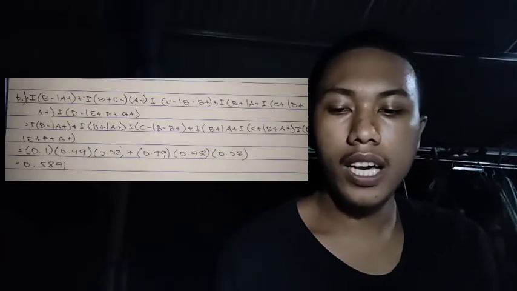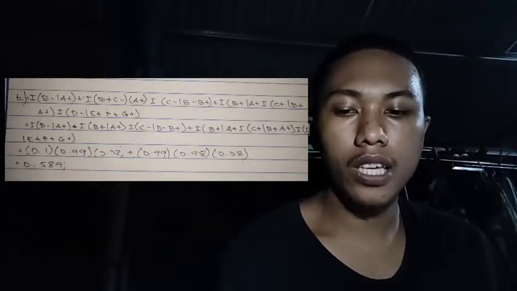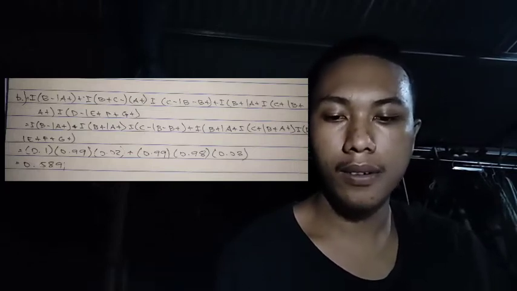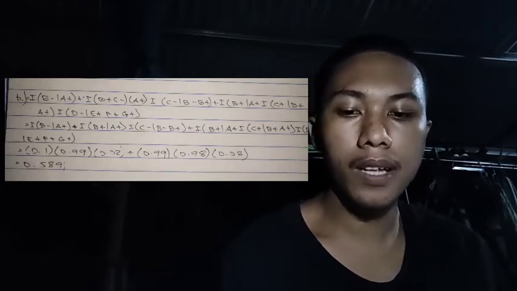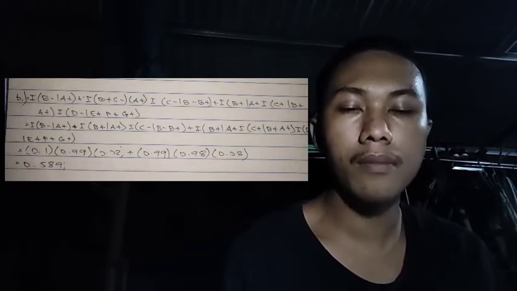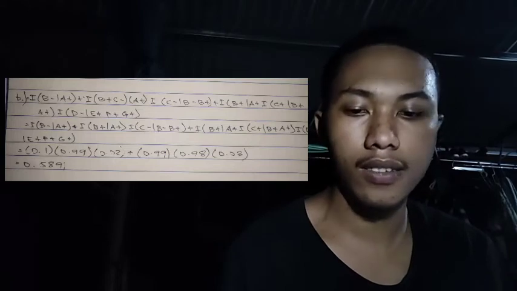So next question is B. Find the probability that a sample tested by the laboratory is reported to contain COVID-19 viruses. The solution in this problem is P times B minus times A plus, P times B plus C minus times A plus, P times B plus C plus D minus times A plus.